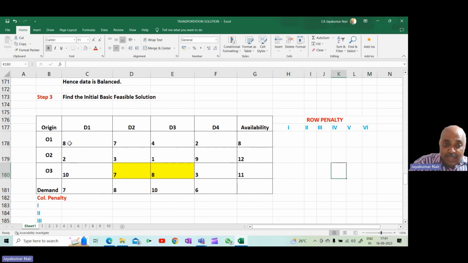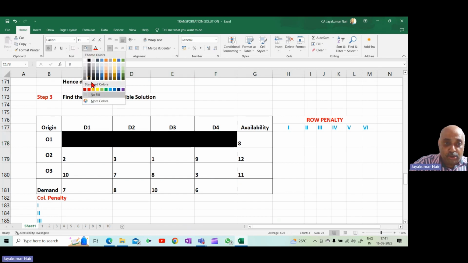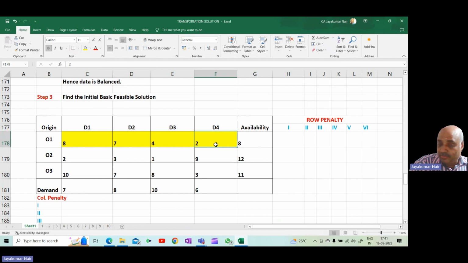In this first row, you have to find out which is the least cost. The least cost in this particular row is 2, and the next least cost is 4. So the difference between these two is called the row penalty.